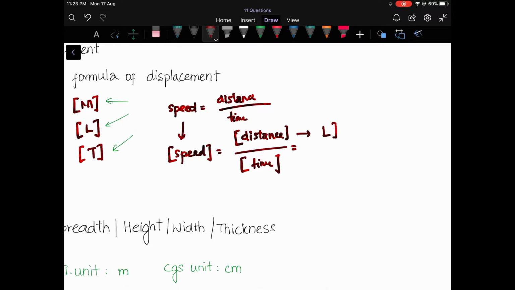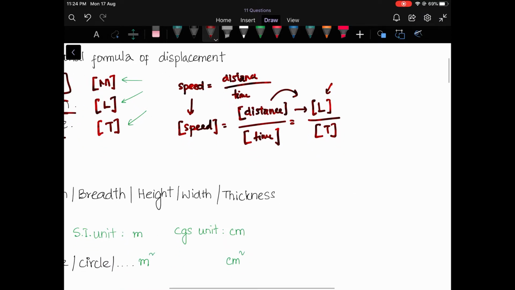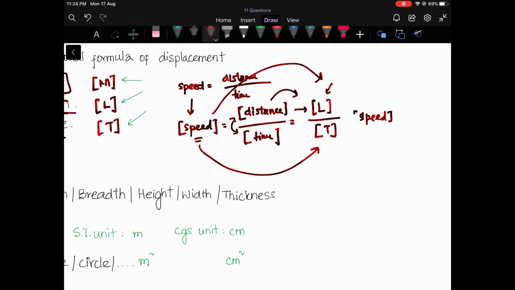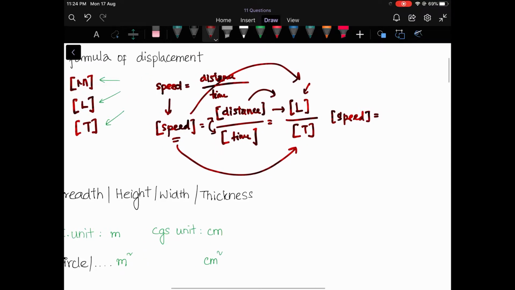So we write distance dimension is nothing but the dimension of length, and the time dimension is nothing but the dimension of T. So we have expressed speed using the dimensions for distance and time. So we have speed dimension, which we represent by square brackets, equal to dimension of L and T inverse, that is length per unit time.